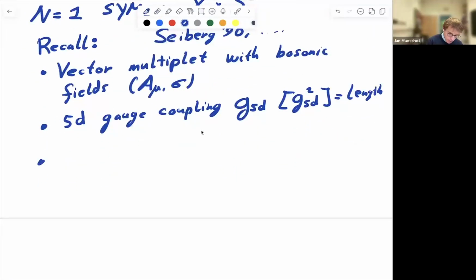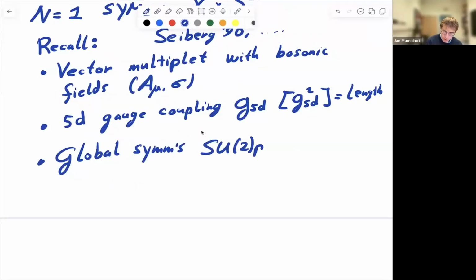And it has global symmetries. It has an SU(2)_R group, the same group that in N equals 2 4D rotates the supersymmetries among each other. And there is now a new phenomenon of a U(1) group.